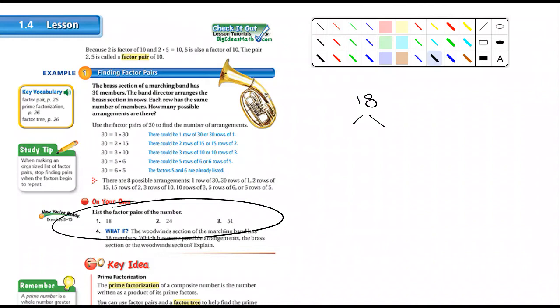And I see lots of hands up. Mr. Patania, what do you think? 3 and 6. Yeah, 3 and 6 would work. So I'm going to write 18 again. Is there another pair of numbers that could work?